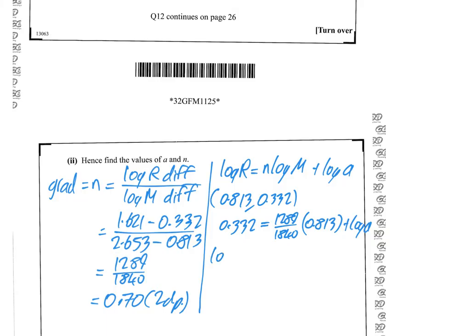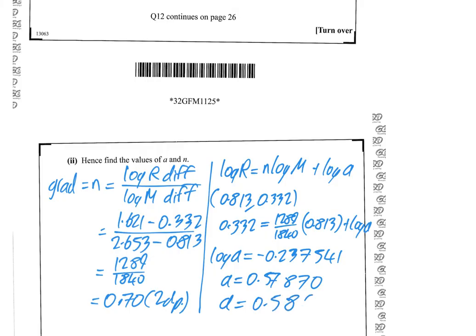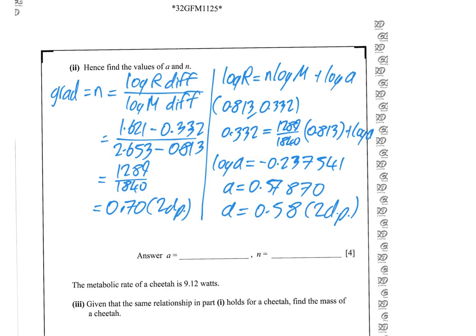Wee bit of working out, you'll have your log a is equal to minus 0.237541. Use your inverse log button on your calculator. You'll get 0.57870, which means a is equal to 0.58 to 2 decimal places. So there we have that whole thing, and a was 0.58, 2 decimal places, and n is 0.70 to 2 decimal places.